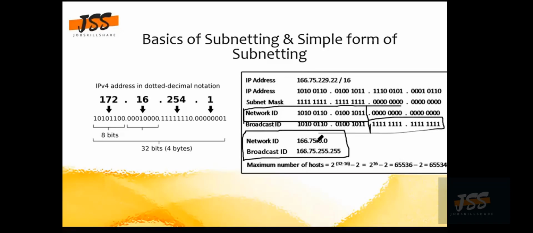So if it is 0.0, it is showing your network ID, and if it is 255.255, it is representing your broadcast ID. Whatever is in between, from 0.0 all the way to 255.255, will be allocated to your host machines.